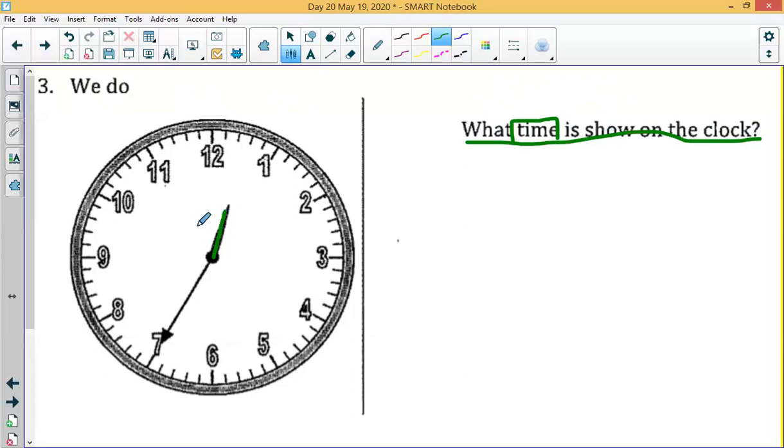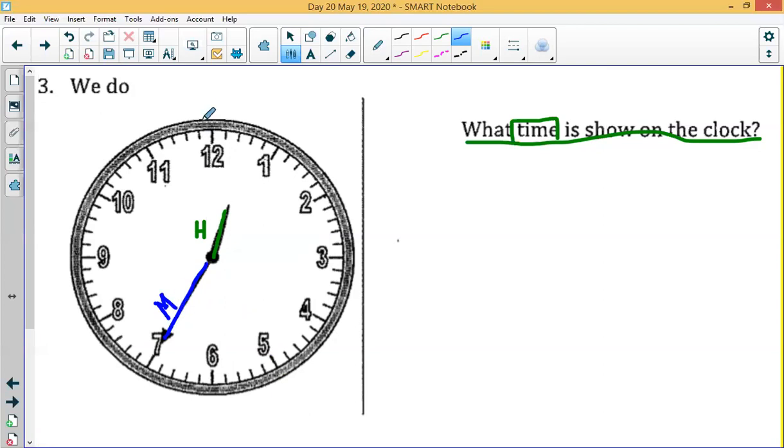The short hand would be your hour hand. Then label your minute hand. Remember, the long hand is the minute hand. It touches every little tick on the clock. Okay, so that's your minute hand.